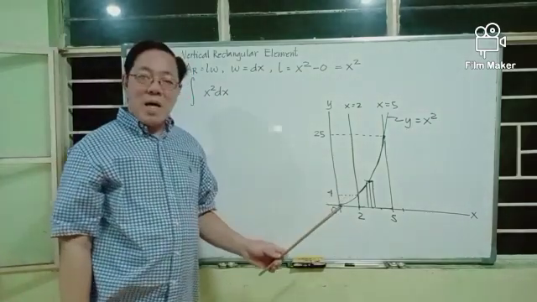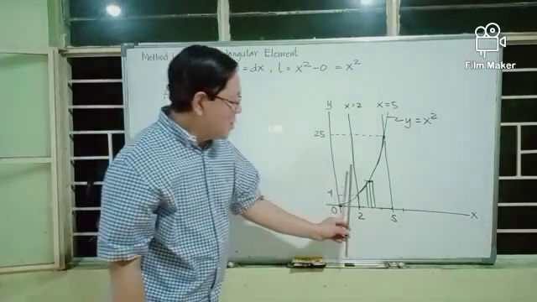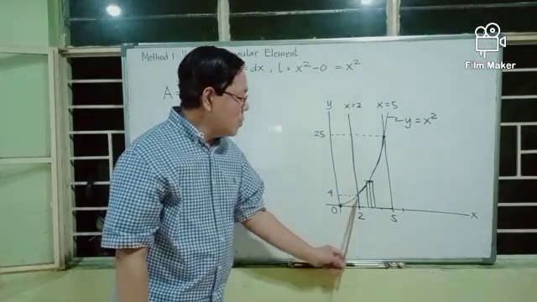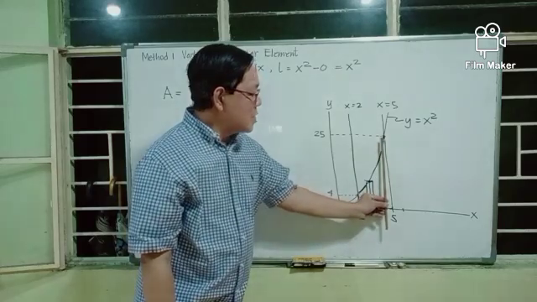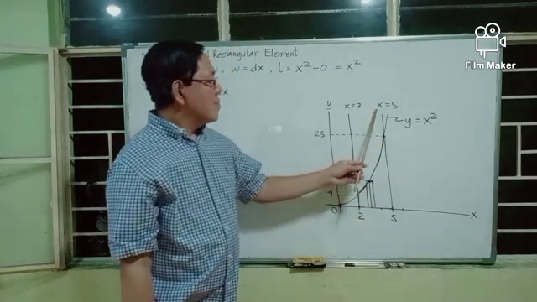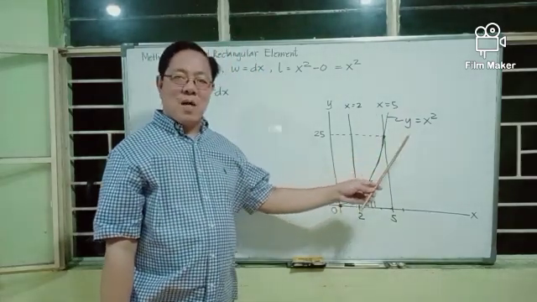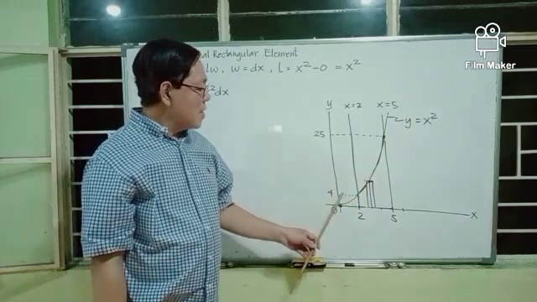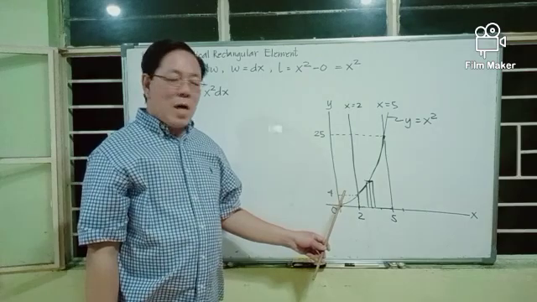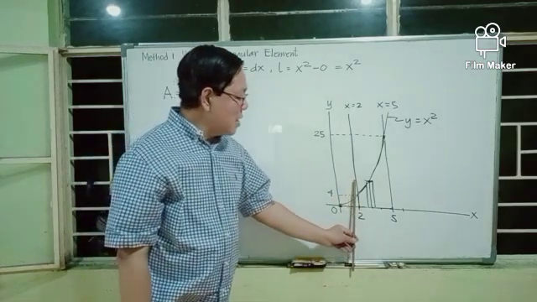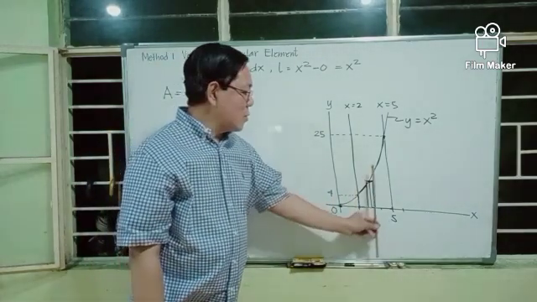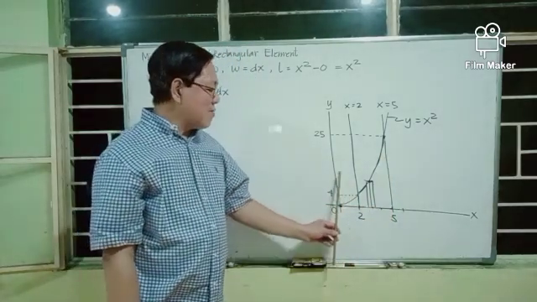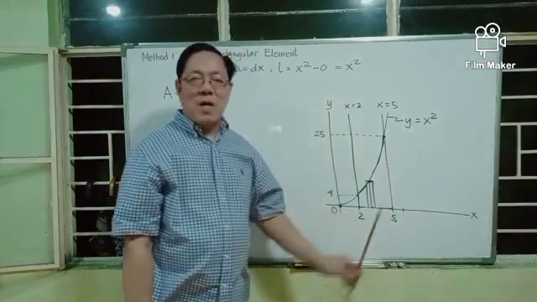But the area that is required is from this part of the line where x is 2, up to this part of the line with the equation x equals 5. That means we can draw rectangular elements from x equals 2 to x equals 5.